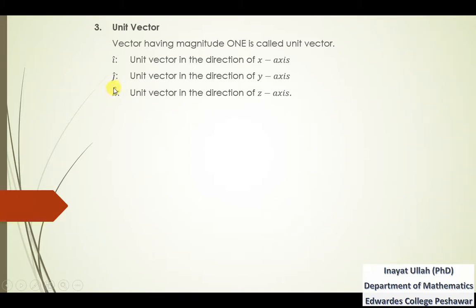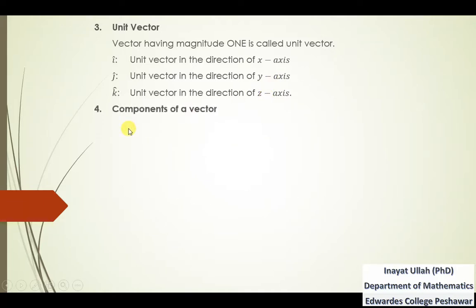A unit vector is usually denoted by putting a cap on the letter. So these are the three unit vectors along the coordinate axes: x-axis, y-axis, and z-axis.